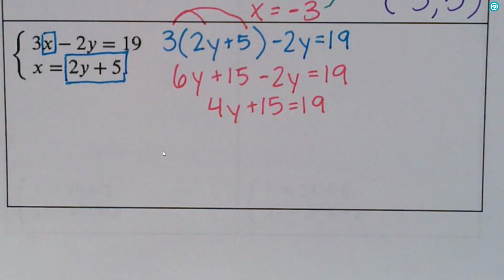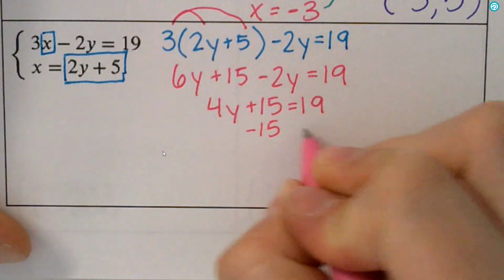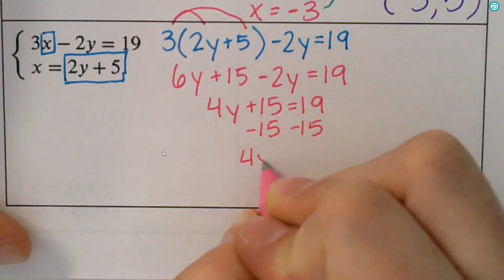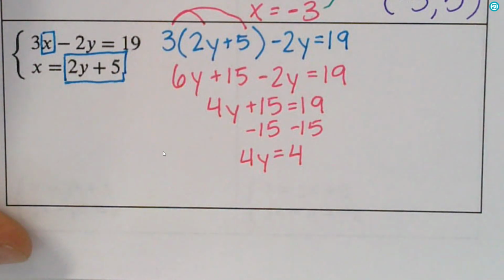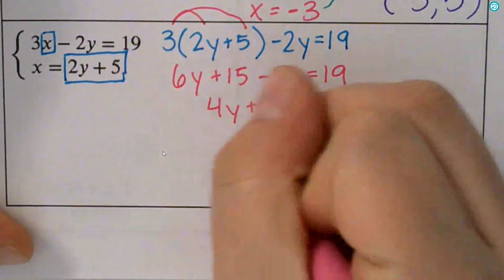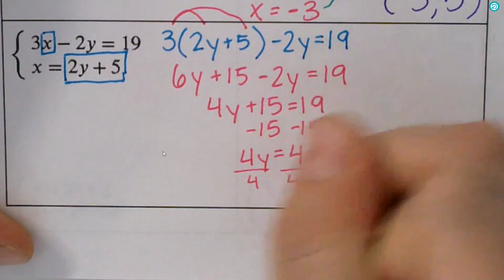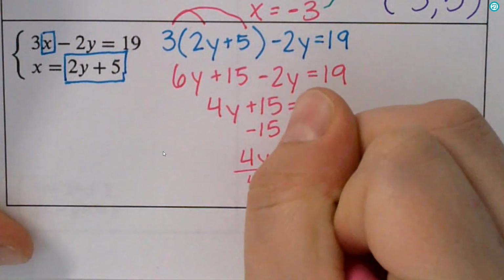And then it is smooth sailing from there to solve for y. We're going to subtract 15 from both sides. 4y equals 19 minus 15, which is 4. Divide both sides by 4. We will get y equals 1.